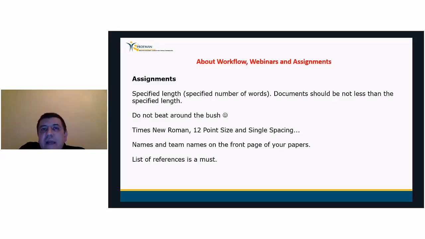Please always write down your names and team names on the front page of your paper, and always provide the list of references at the end of your paper. By saying references, I mean all resources and literature that you use preparing the paper.